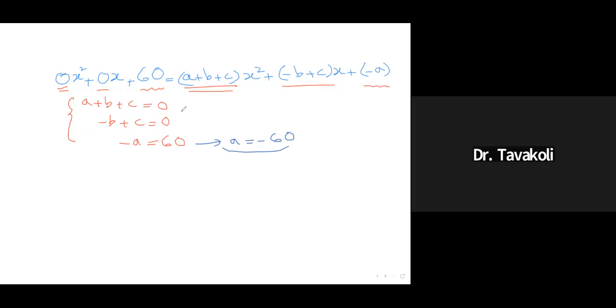Now we want to find b and c. So in the first two equations, if a is −60, then −60 + b + c is 0. In other words, b + c is 60, and −b + c is 0.